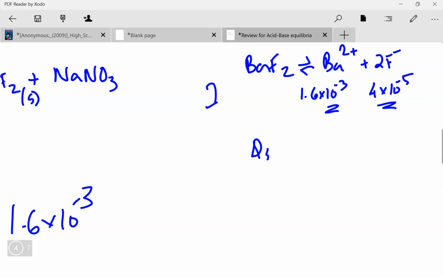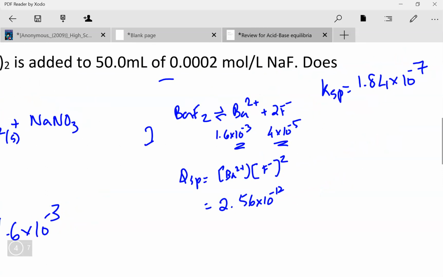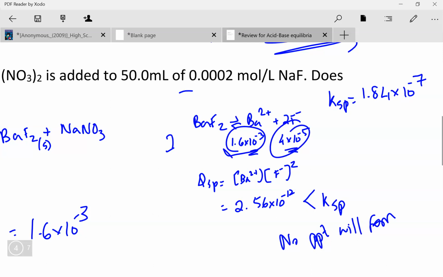My QSP is calculated by doing barium concentration times fluoride concentration squared, which is 1.6 times 10 to the negative 3 times (4 times 10 to the negative 5) squared, 2.56 times 10 to the negative 12, which is in fact lesser than my KSP, so no precipitate will form because these numbers over here are not big enough.